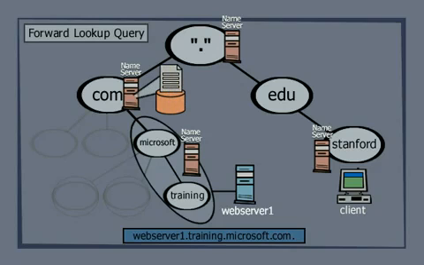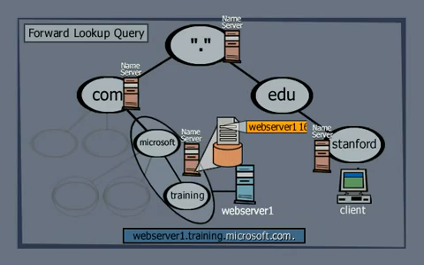The com name server receives the query and responds with a referral to the Microsoft.com name servers. The local name server sends its request. The Microsoft.com name servers have the zone database files that contain the name-to-IP address mapping information for Web Server 1.